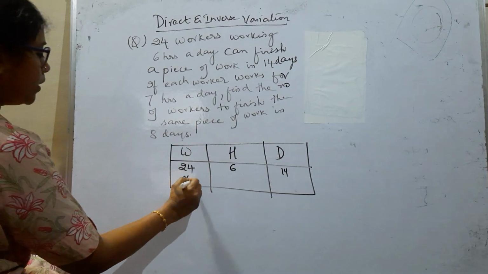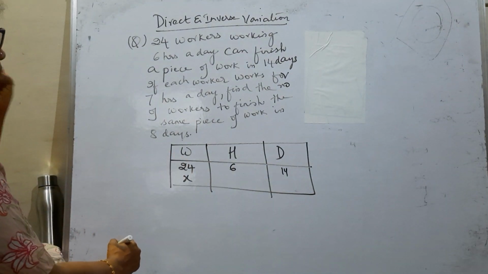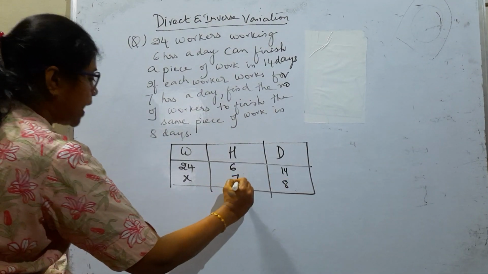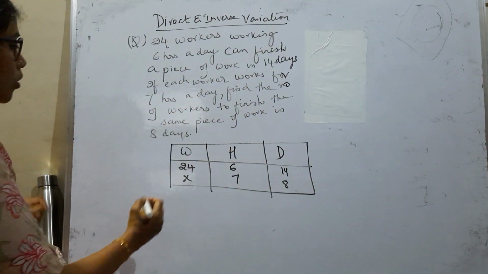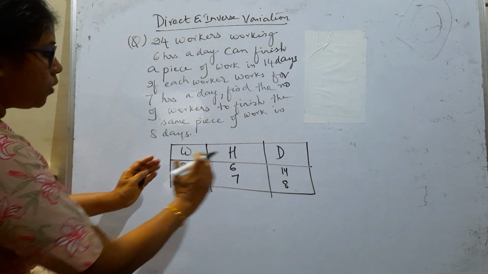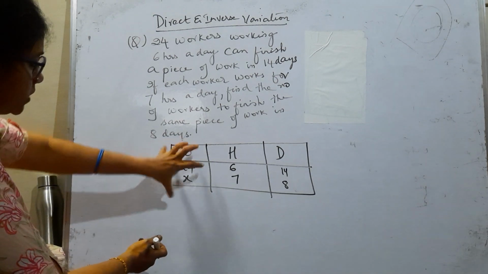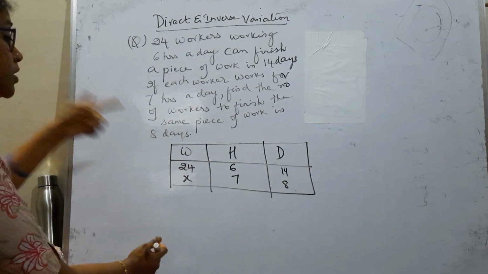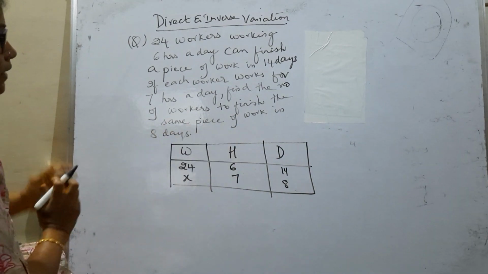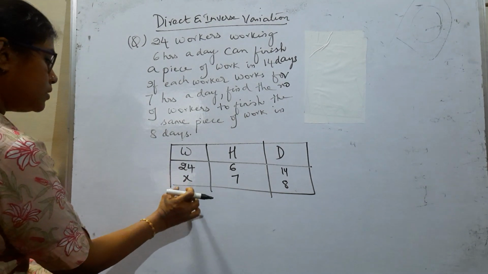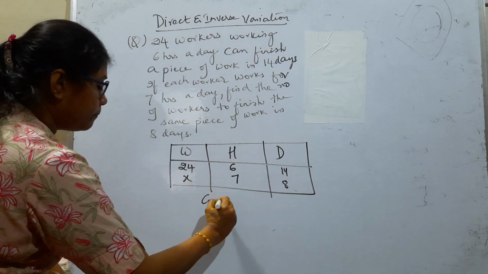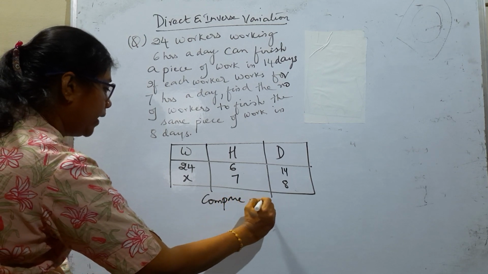We don't know how many workers we need to complete the same task in 8 days if they work for 7 hours a day. So you have three quantities, right? Wherever you use your x, that means workers, you have x. So you compare this with hours and days. Compare W and H, and W and D. First let us make a comparison between W and H.